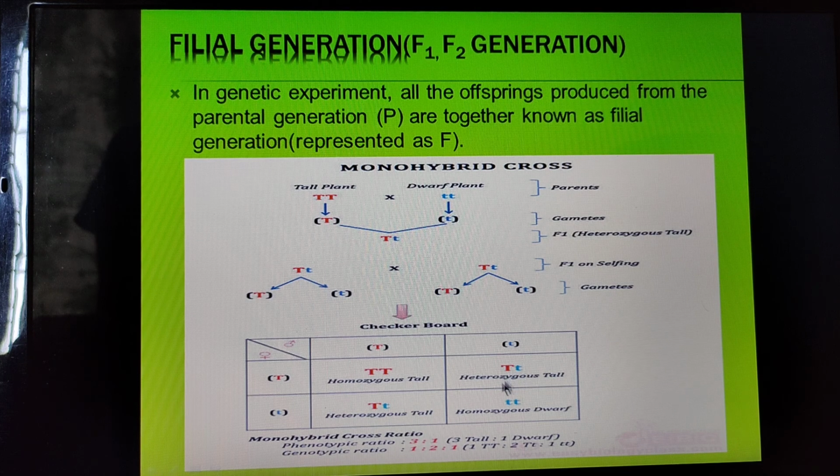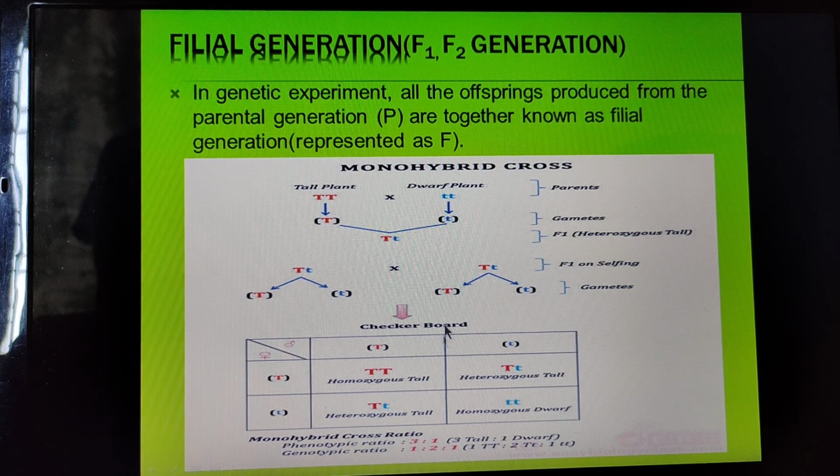So here one allele is capital, another one is small. One allele is dominant, another allele is recessive, that's why it is heterozygous or hybrid tall. So this again further cross with the F1 generation.